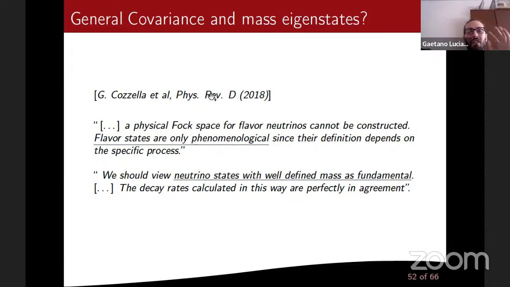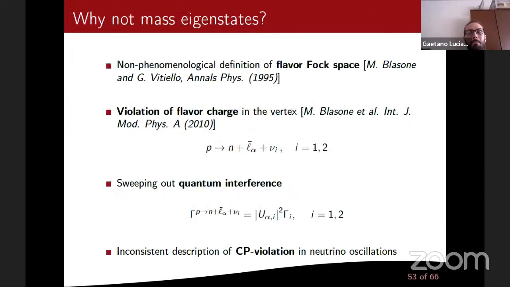But the claim in this paper is that the fundamental states are the massive states rather than the flavor states. So they use massive states both in the laboratory frame and in the comoving frame. But let me try to convince you why this setting, the usage of massive states as asymptotic states, may be a little bit problematic.